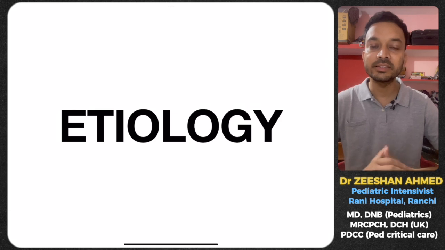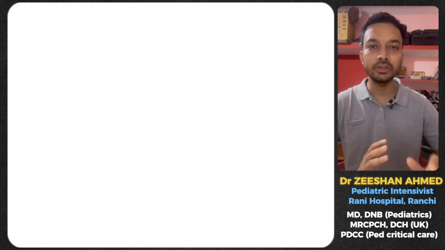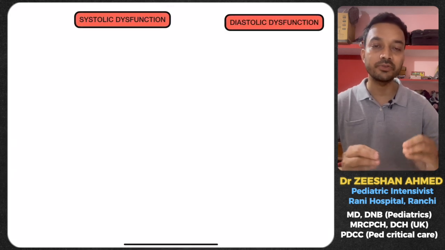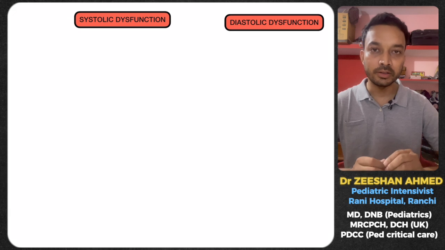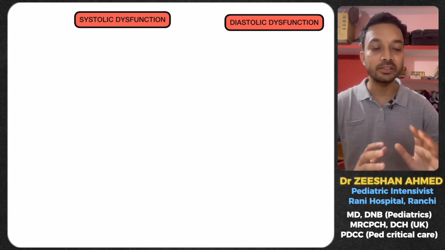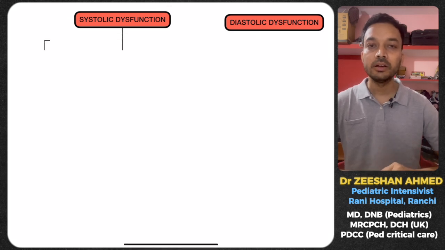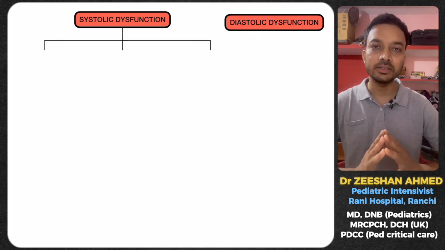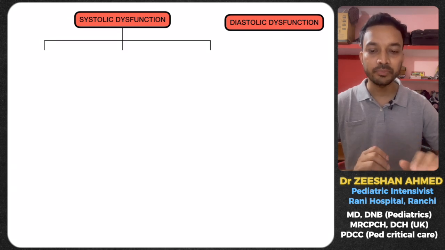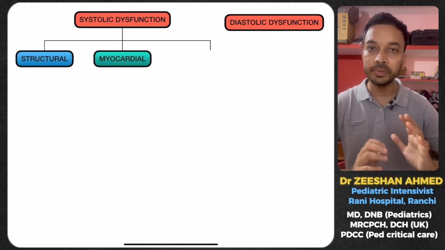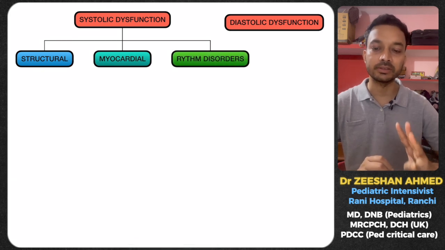Next, we will discuss the etiology. Whenever we talk about heart failure, we usually talk about only the systolic dysfunction of the heart, but a very missed part of it is the diastolic dysfunction, which can also lead to heart failure. Most of the cases of acute heart failure we get are due to systolic dysfunction, and in pediatrics there are three major causes.